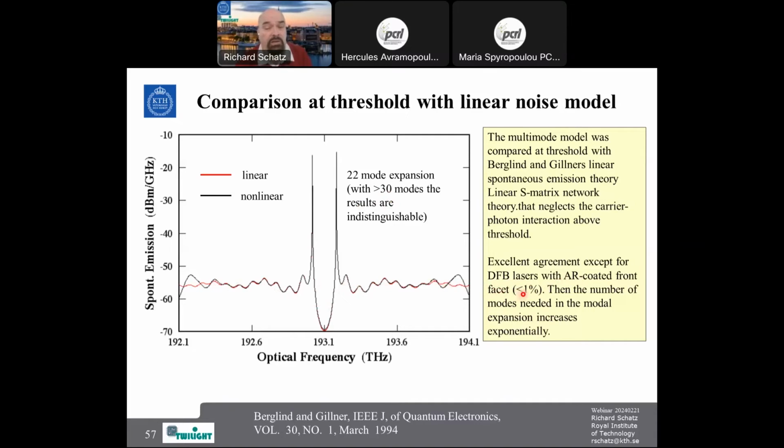If you have 1% reflectivity, it's good with 50 modes or something like that. But if you go below 0.1% reflectivity, then you need hundreds of modes to describe the spectrum in this modally resolved model. So this model in LaserMatrix above threshold, the nonlinear model, is not working well for these lasers with perfectly AR-coated front facets.